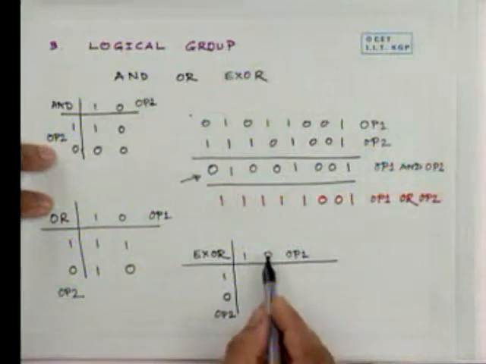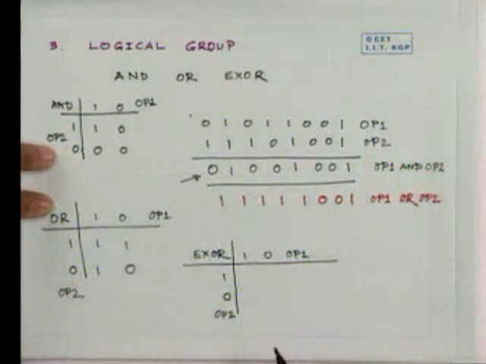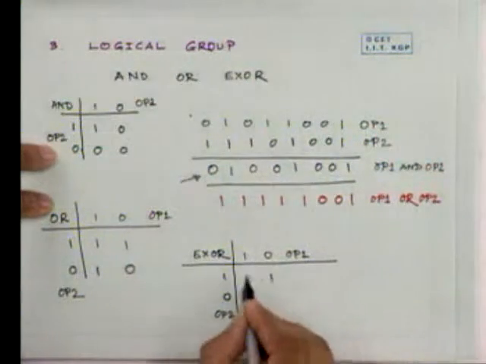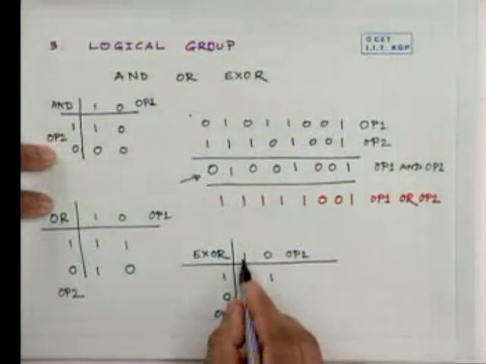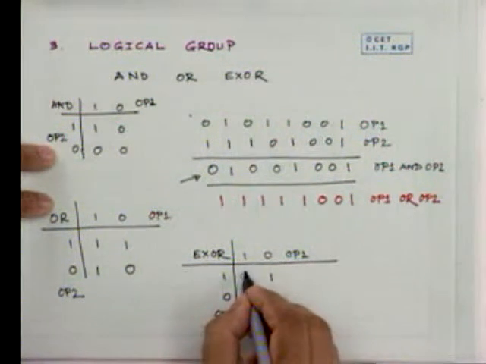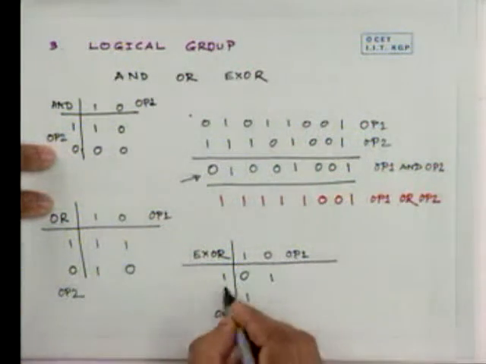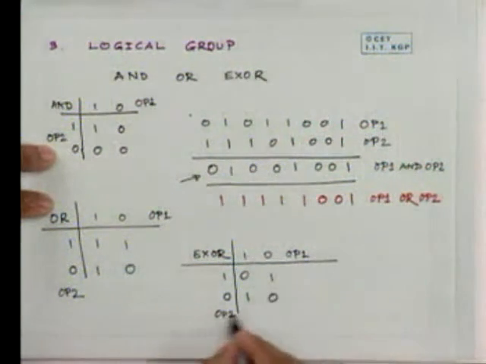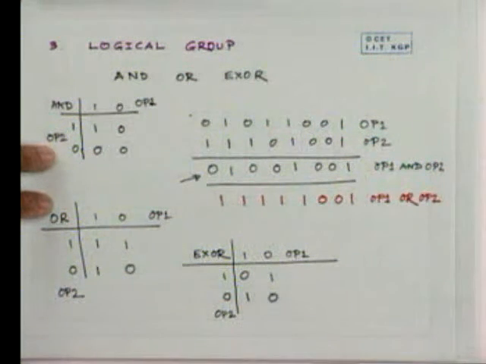Exclusive OR says that if either one of them is 1, then the output is 1, otherwise the output is 0. For example, here this is 1 because this is 1, this is 0, and here this is 1 because this is 1, this is 0, and here both of them are 1, therefore it is 0. Here also both of them are 0, therefore it is 0. That is our exclusive OR. And once more it will be performed bit by bit.